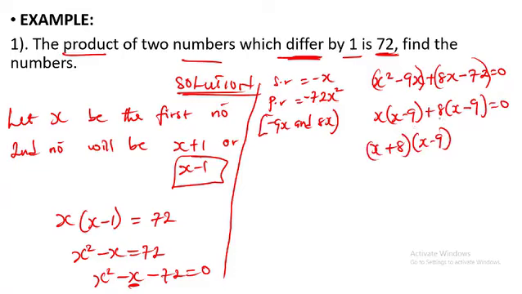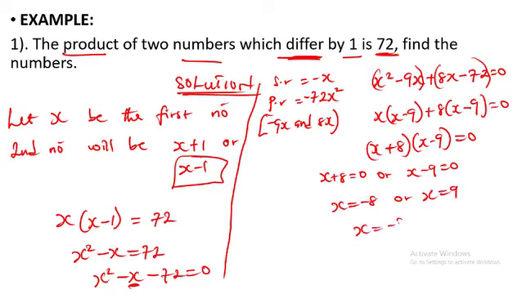Remember, the two brackets must be equal. If they are not, then you are wrong. So we have that x plus 8 is equal to 0, or x minus 9 is equal to 0. So x is equal to minus 8, or x is equal to 9.